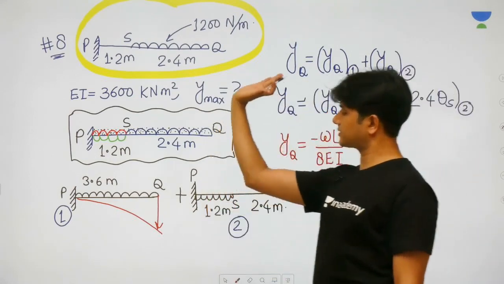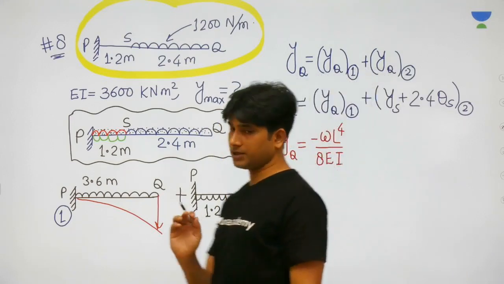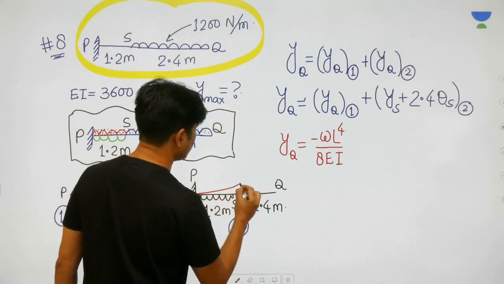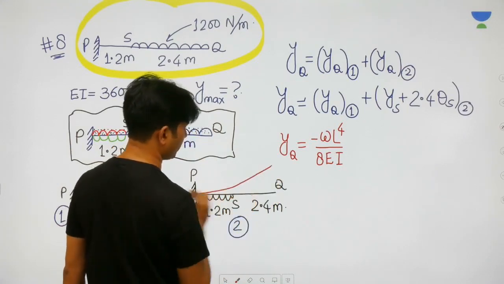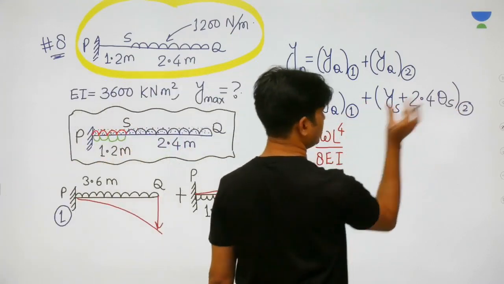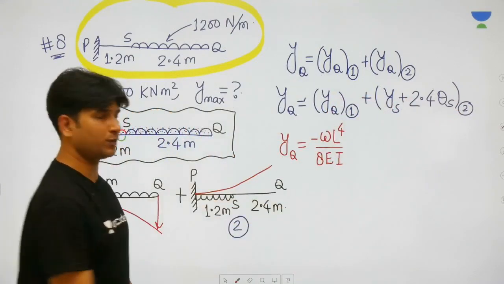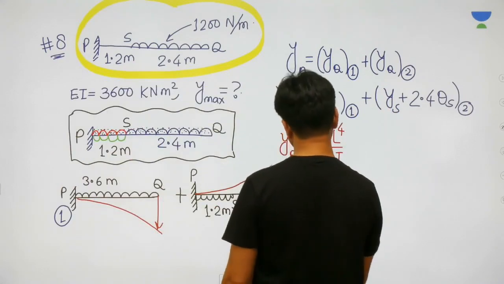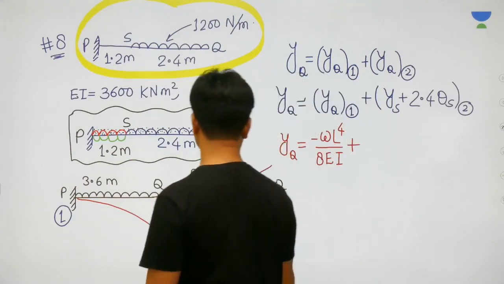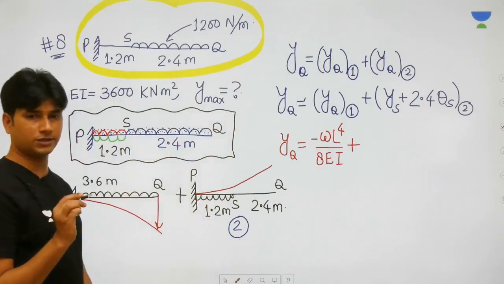You visualize this UDL here, and then for the second beam, deflection will be upward and it will be straight in this SQ segment. That is why I have used this YS plus B theta S funda. So it's going to move upward, and then YS and theta S. How are you going to write YS and theta S?